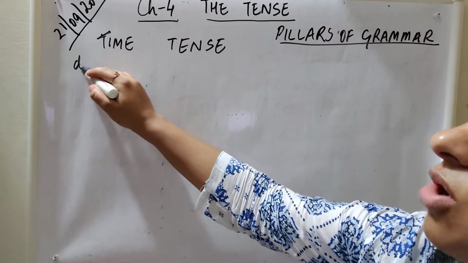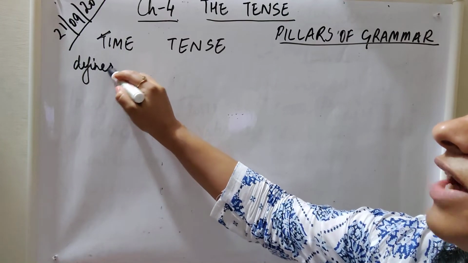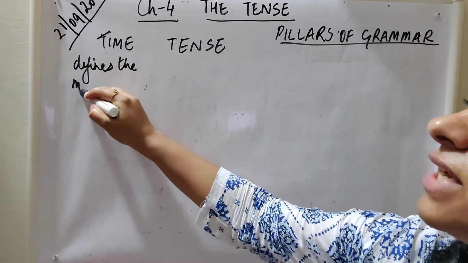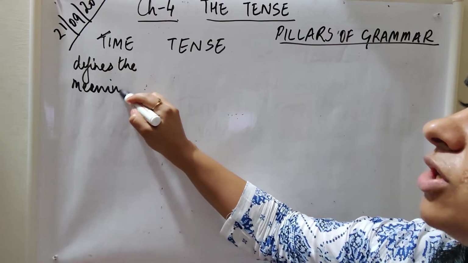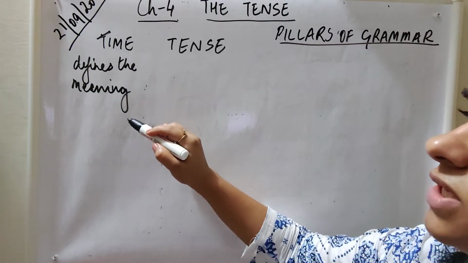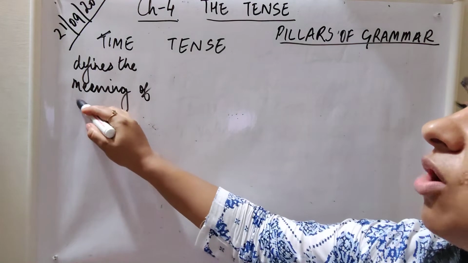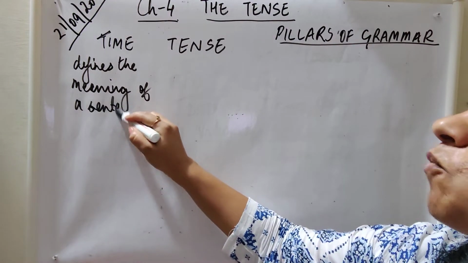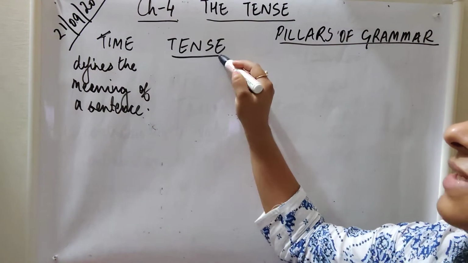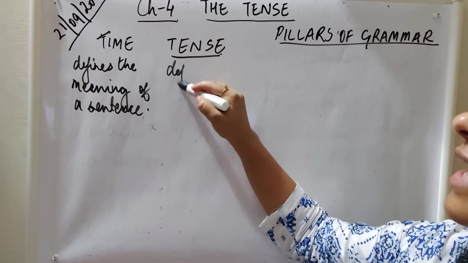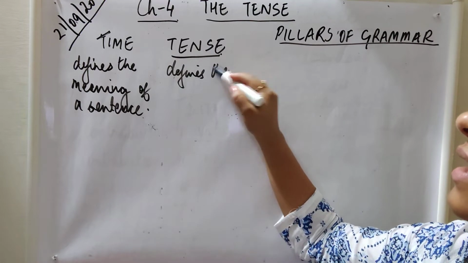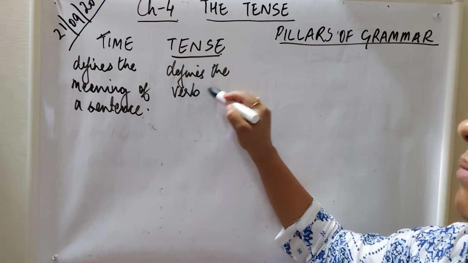Time defines the meaning of a sentence, what we mean when that action is going to be done, whereas tense defines the verb form.